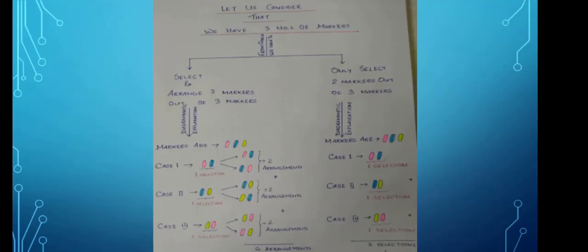To the top of this figure, let us consider that we have three markers, the kind we often use while writing on whiteboards, from which we want to select and arrange two markers out of three. Its diagrammatic representation is given here.